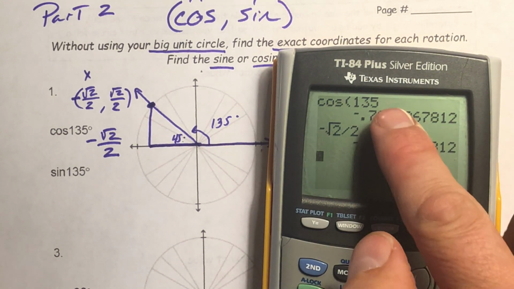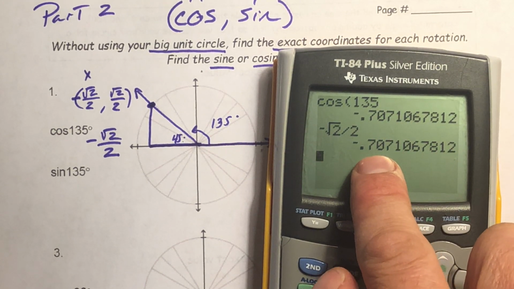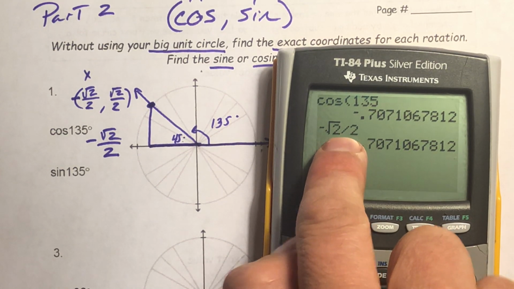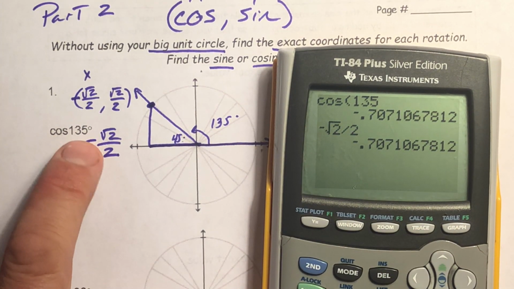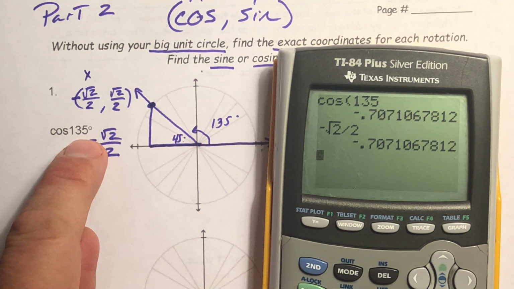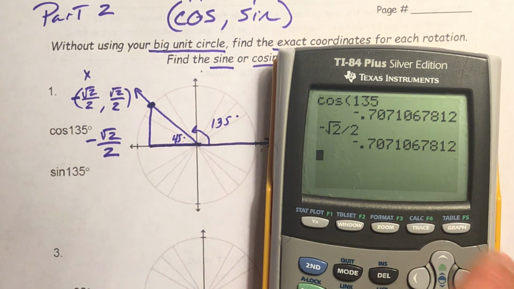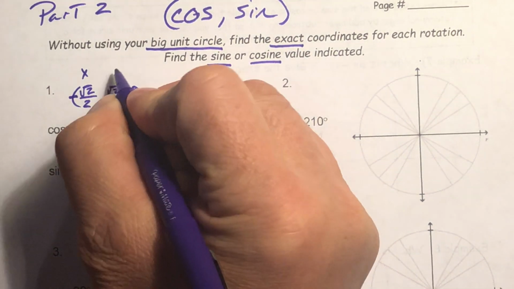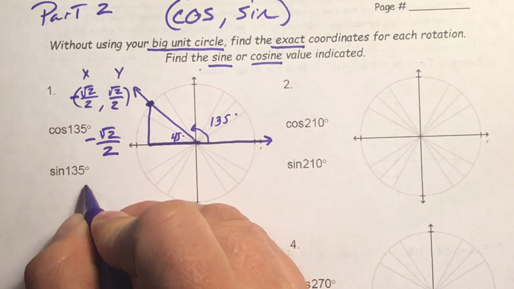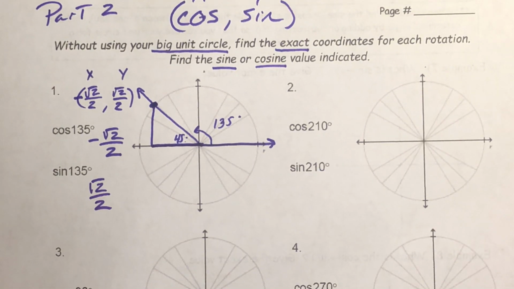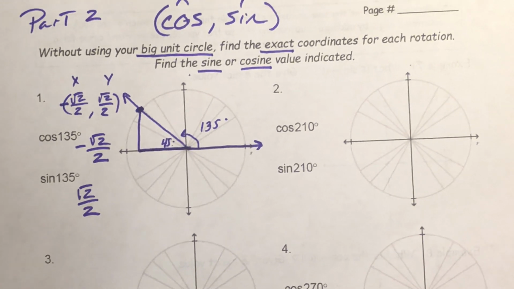Look at that, it comes out to the exact same value. So this is what we mean by the exact value though. I don't want you guys just typing that in, but it just goes to show you that the cosine of 135 degrees, we found by rotating around that unit circle, okay? Now, what's the sine? The sine is the y value, so that's root 2 over 2. Okay, cool.